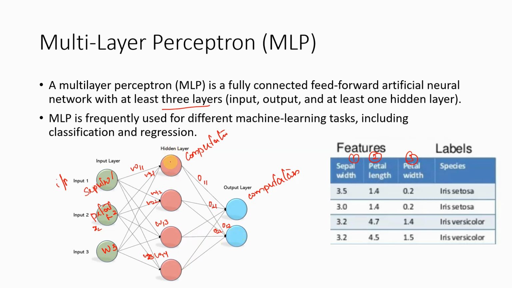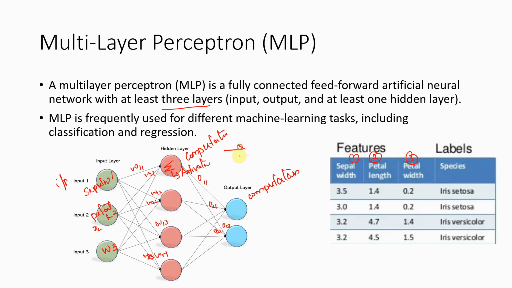So every node in the hidden layer and the output layer will do the computation, which will take the summation and then produce the activation. These inputs are given to the input node. The initial weights are assigned, and based on the summation we do the calculation, and then the activation will produce the output to the next layer, and that step will be repeated.